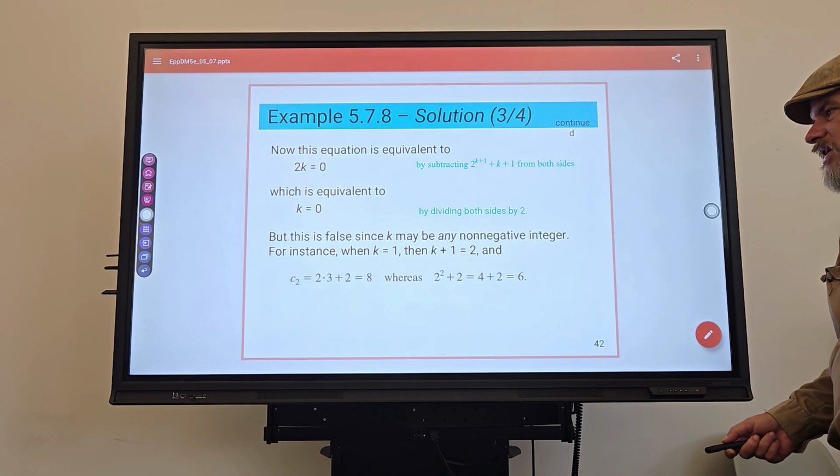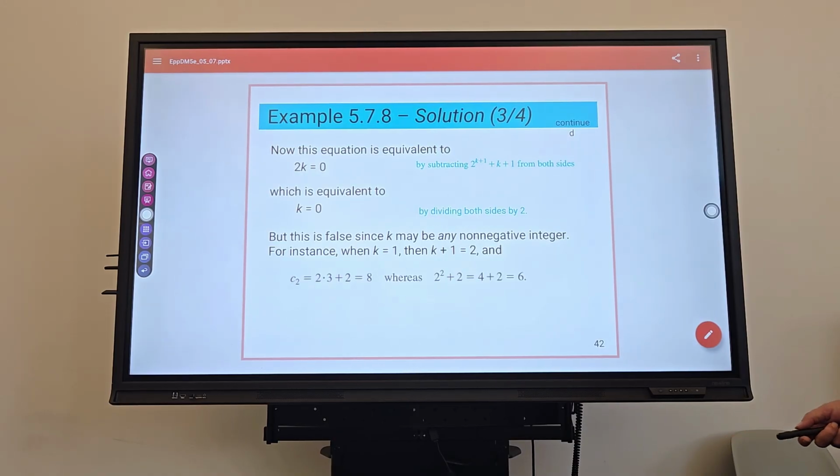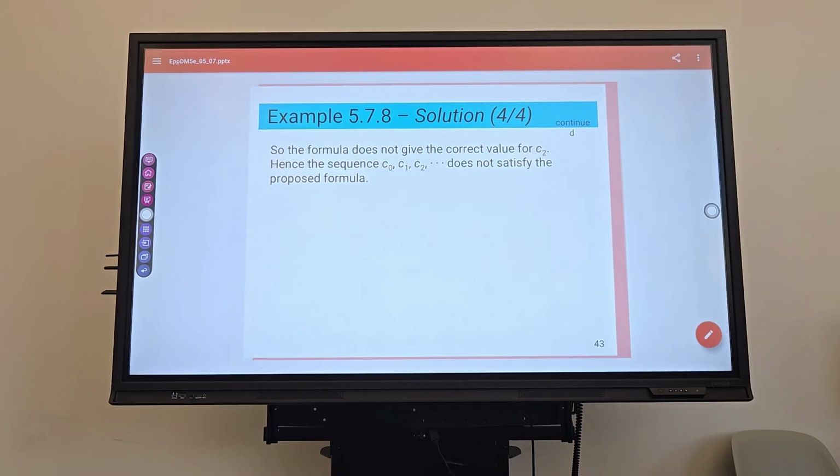For instance, if k equals 1, then k plus 1 equals 2, and so it doesn't work out. Things didn't go through in the wash. So the formula does not give the correct value for C sub 2. Hence, the sequence does not satisfy the proposed formula.